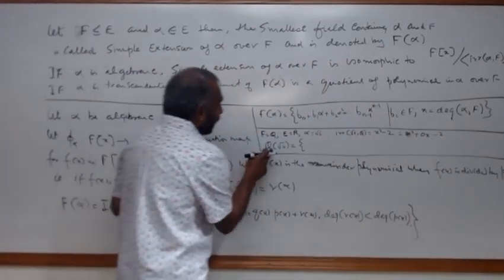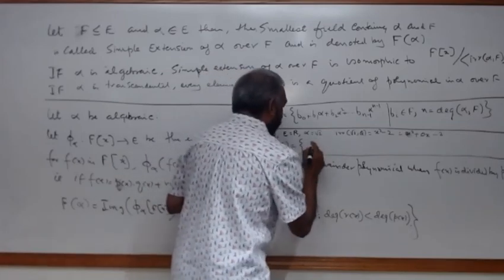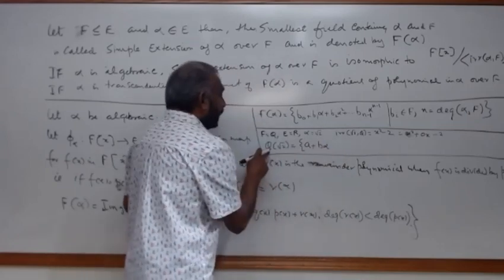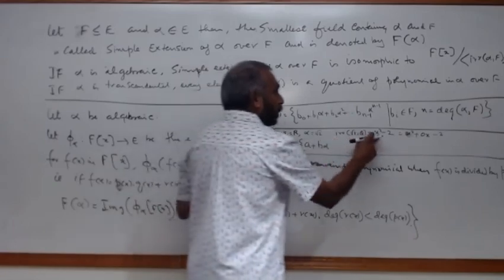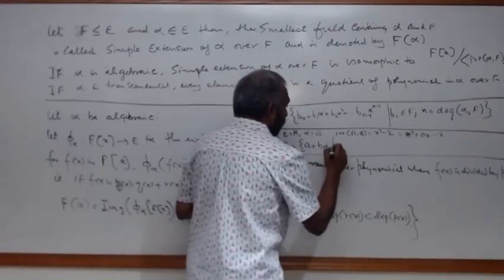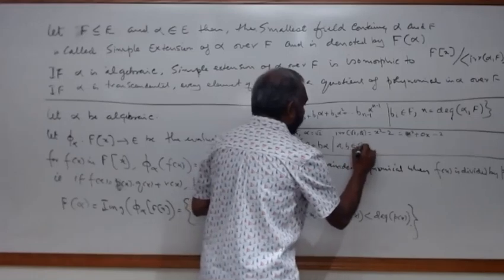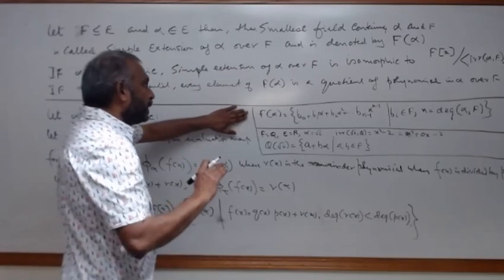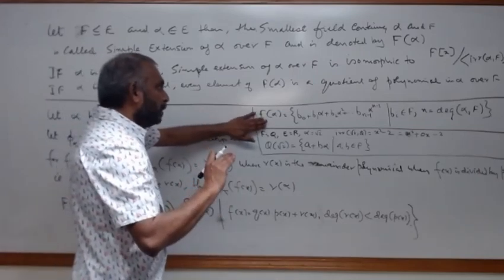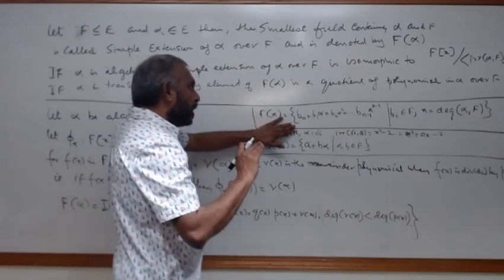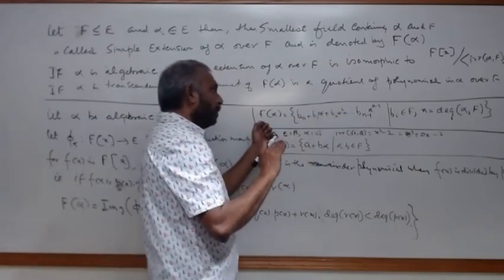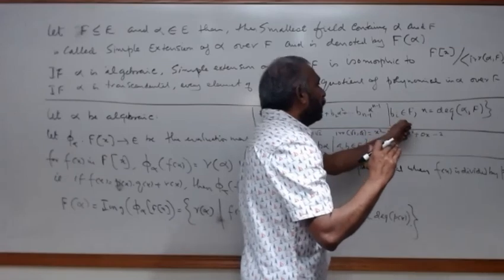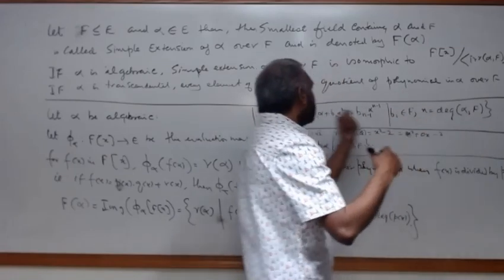So this contains all the polynomials in alpha with degree less than the degree of this polynomial, that is a plus b root 2, where a, b in F. That is what this says. The simple extension of an algebraic element contains polynomials in alpha with degree less than the degree of the irreducible polynomial for which that element is a 0.